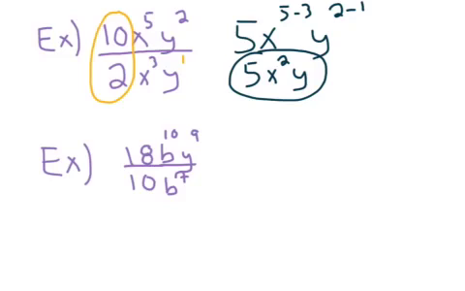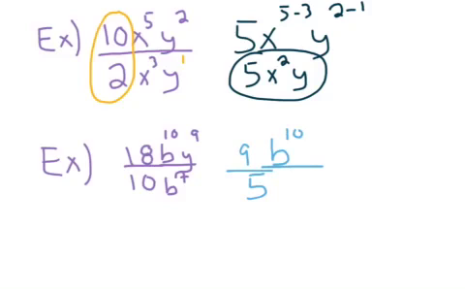For that next example, I cannot divide 18 divided by 10 nicely to give me a whole number, but I can reduce it. So if I reduce 18/10, I could divide both of those by 2 to give me 9/5. B is one of my bases.